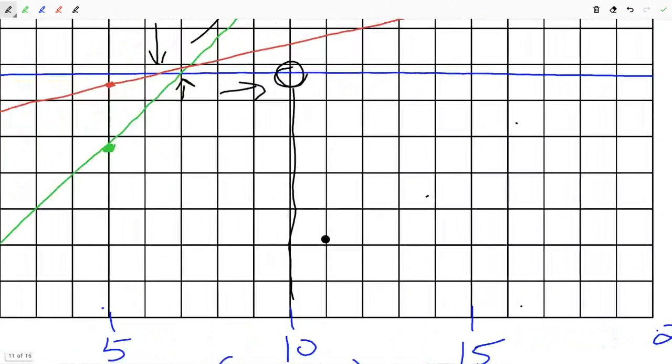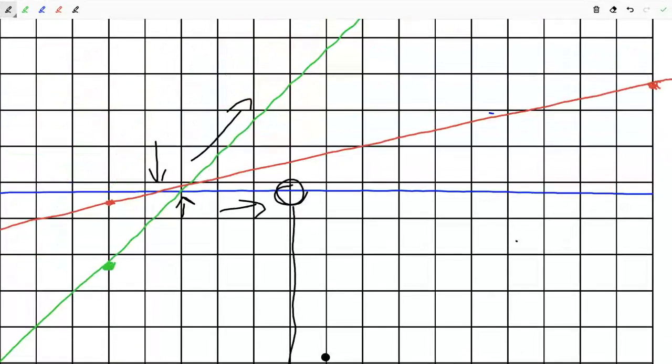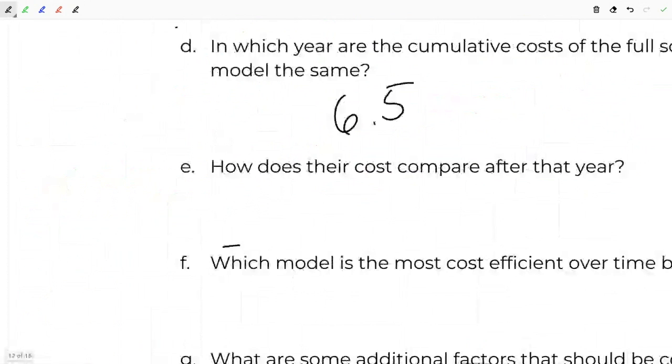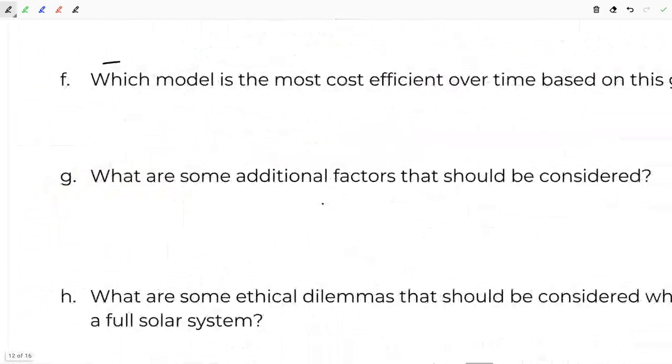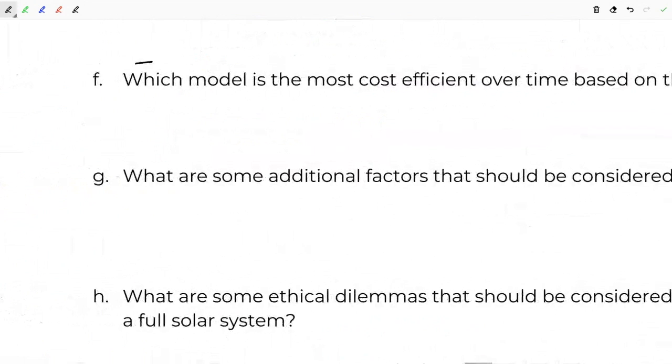Again, the hybrid model continues to rise right here as the solar model stays the same. Which model is most cost efficient over time based on this graph? Well, that would be the solar model.